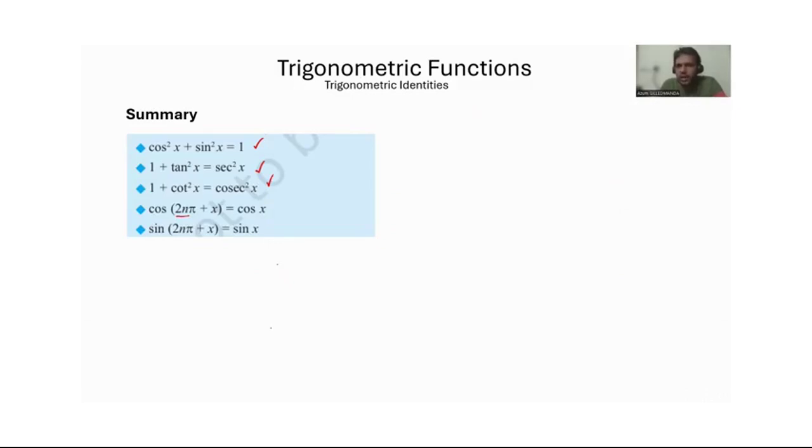Any angle on top of 360 degrees, or 2 pi, 4 pi, 6 pi, 8 pi, gives the same value. We also solved a few problems based on this: cos of 2n pi plus x is cos x and sine of 2n pi plus x is sine x.